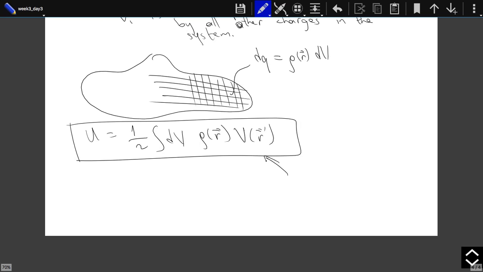But in this expression over here, let me erase the prime, V of r is the integral d cubed r prime rho of r prime divided by the magnitude of r minus r prime. It can even receive a contribution from the points where r prime is equal to r. If the integral is finite, then there's no problem.